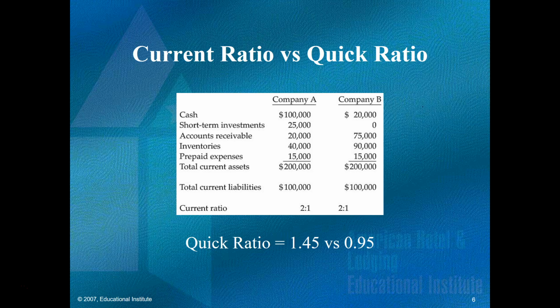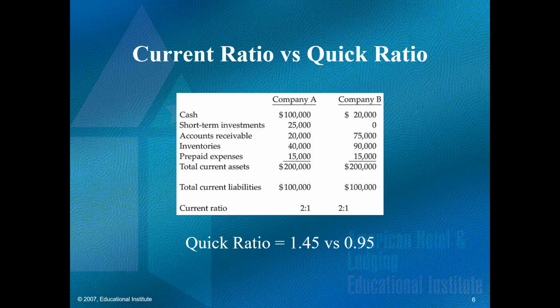2 to 1, right? Keep in mind, this is a little snapshot from the book. For a current ratio, you wouldn't see the colon 1. The current ratio for both of those would be 2, because we have $2 in current assets versus $1 in current liabilities. But here's the big difference between the two.